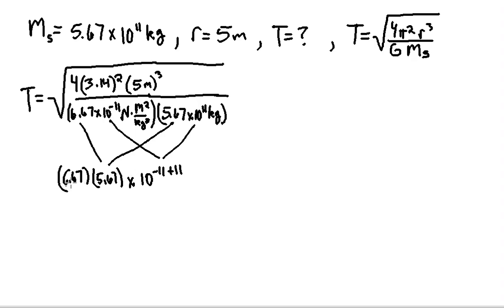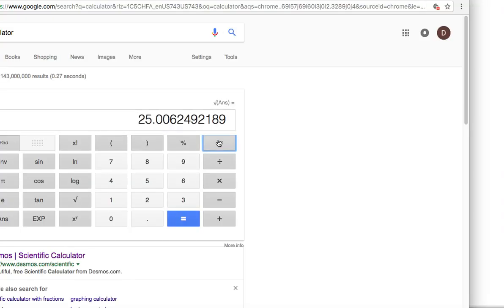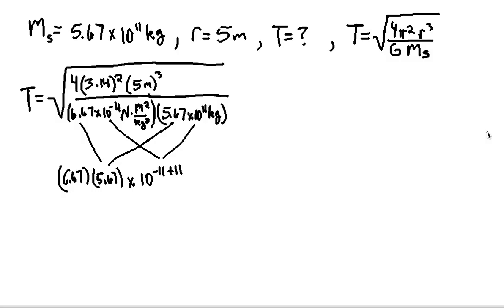All right, so let's go to our calculator. 6.67 times 5.67 equals 37.8189. 37.8189 times 10 to the negative 11 plus 11 is 0. Anything to the 0th power is equal to 1, and 1 times anything is itself. So we've already dealt with all this right here.